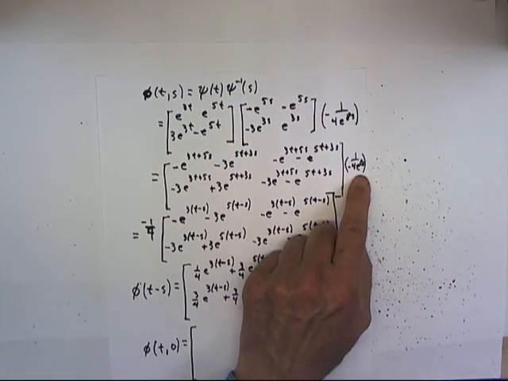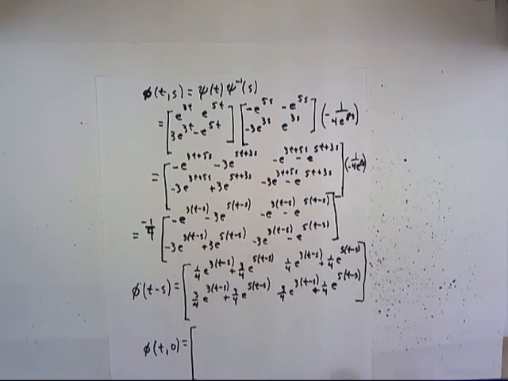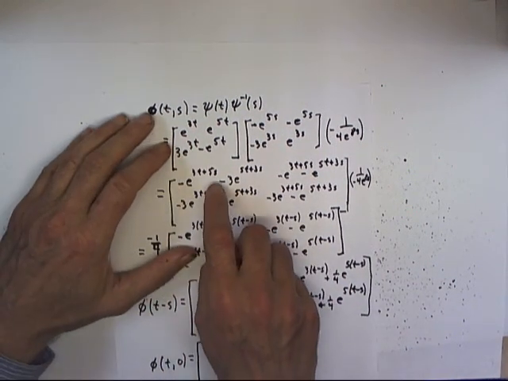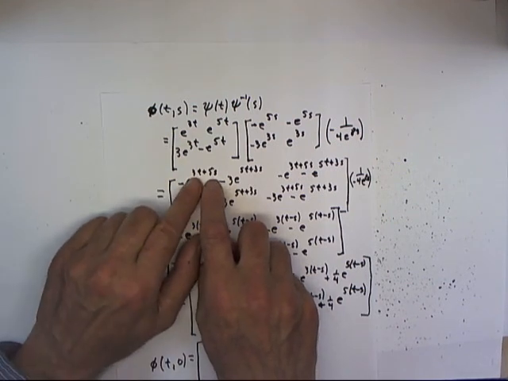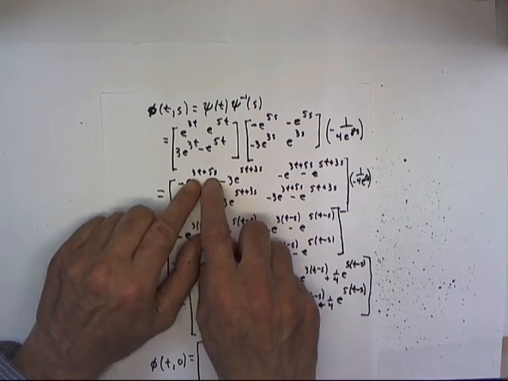An interesting thing happens when we divide by e to the 8s. That reduces the coefficient of s by 8. So the 3t plus 5s becomes 3t minus 3s, which can be factored to give 3 times t minus s.